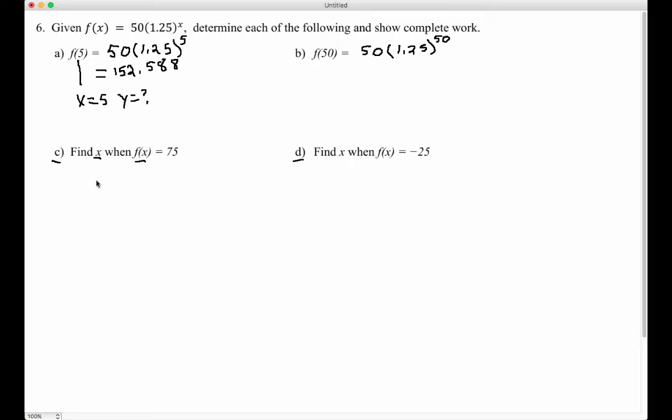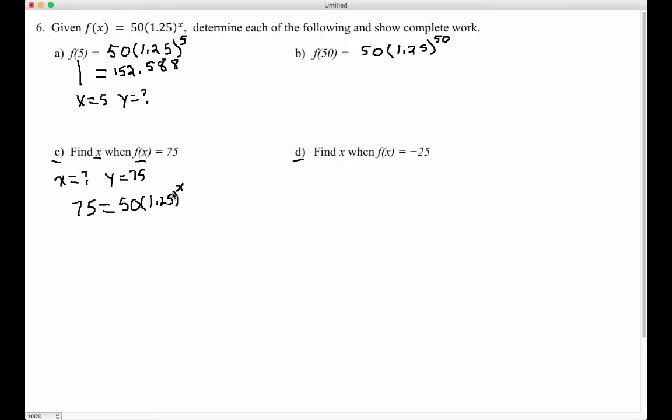Down here, what they're saying is x is equal to what when y is equal to 75. So what that means is we have to solve the following equation: 75 is equal to 50 times 1.25 raised to the x power.